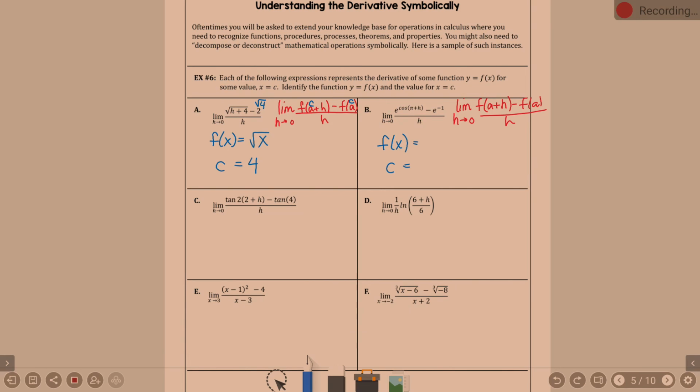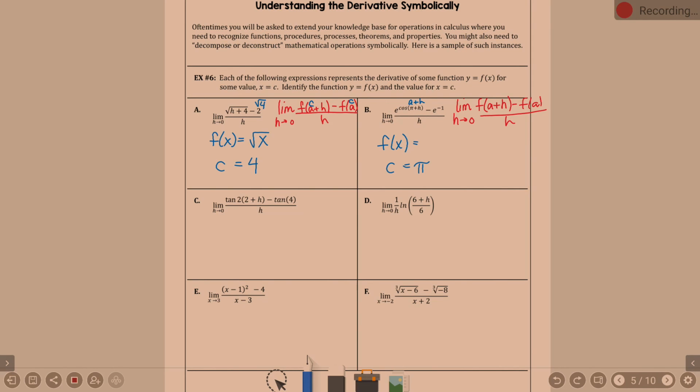C is pi, because of a plus h. Do we see C is pi, based on the fact that we're going to go with this is a plus h, right? So if that is a plus h, then that makes C pi.